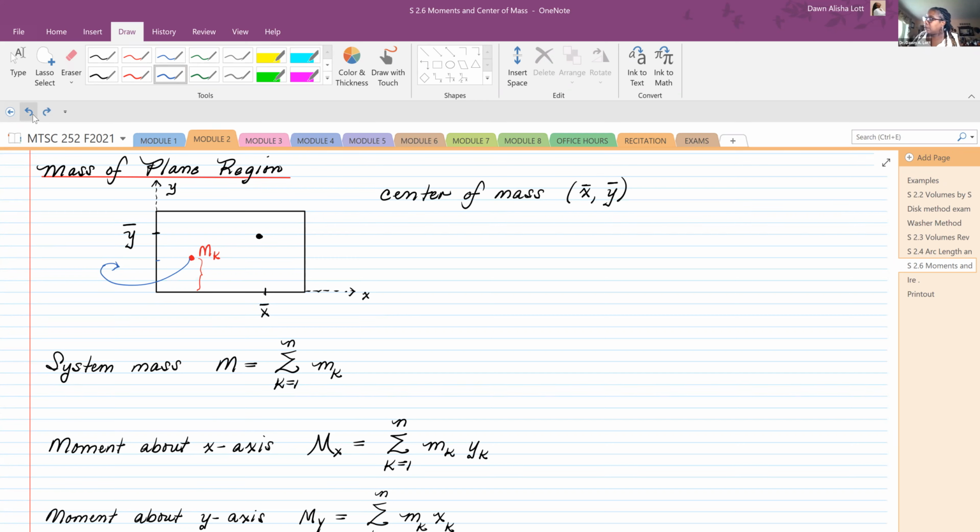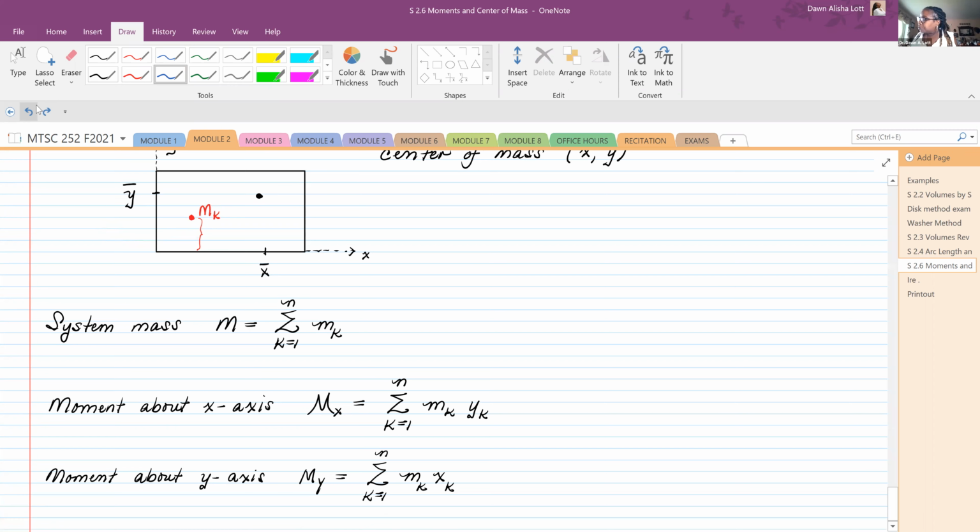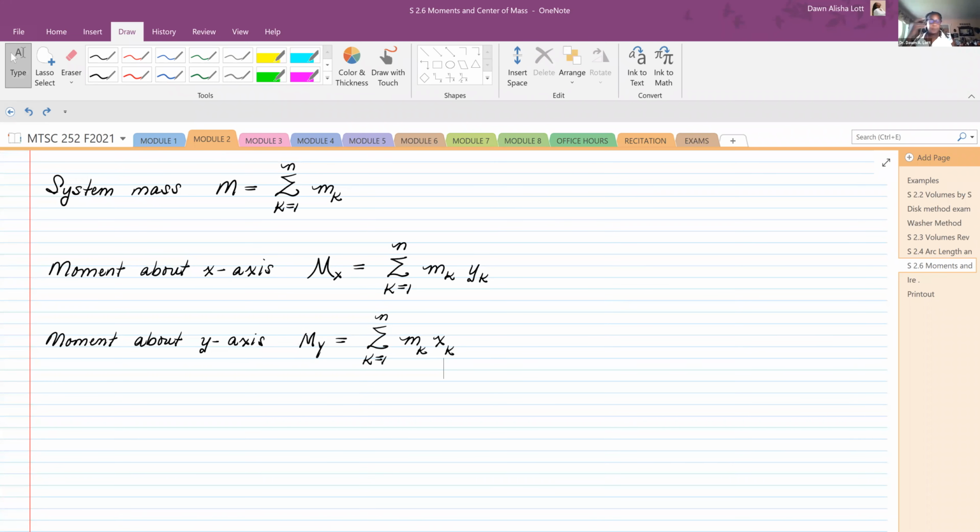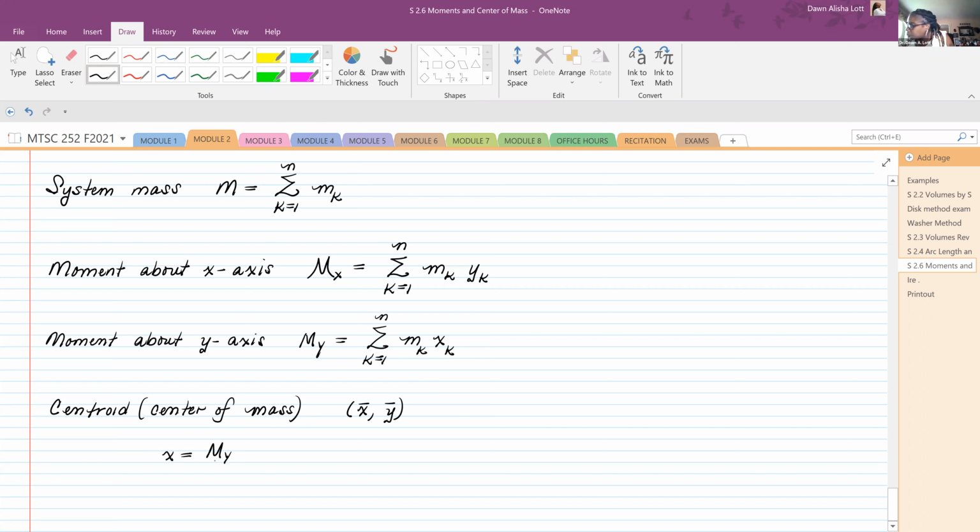Okay, so in order to find the centroid, or the center of mass, it has two components: x bar and y bar, where x bar takes the y moment divided by the mass, and the y bar takes the x moment and divides by the mass.